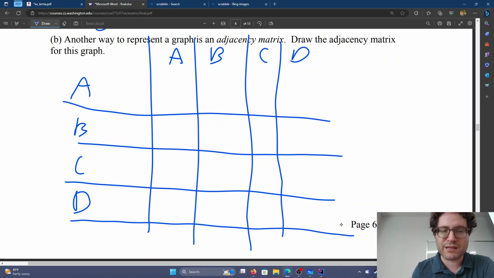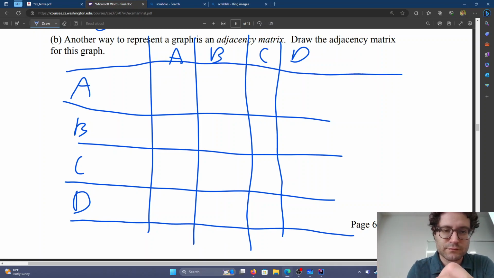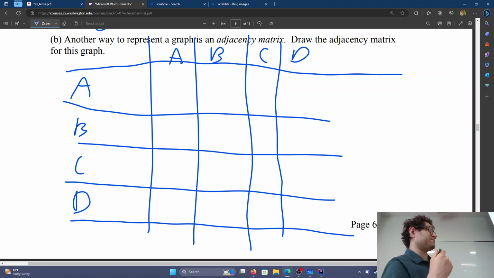Now there's different ways to represent this, but in general, if there's no weights in the graph, we just use ones and zeros. 1 indicates an edge, 0 indicates no edge. If, on the other hand, there are weights, there's a few different ways to do that.